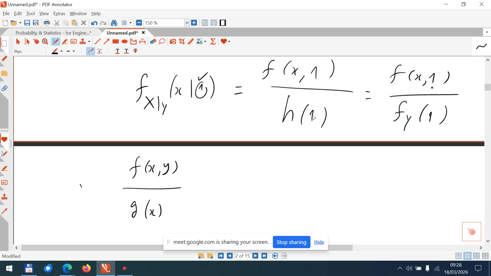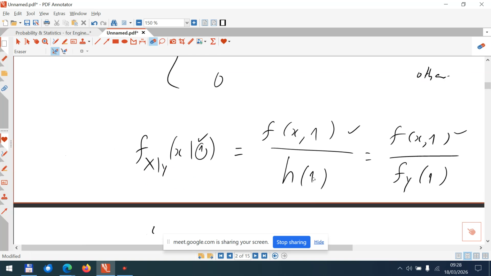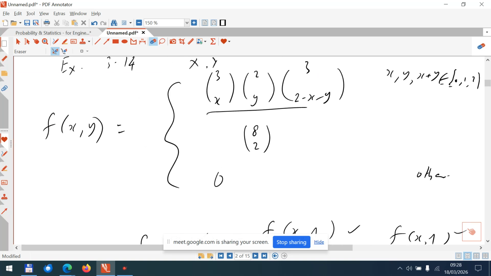So we're not yet done, okay? We only wrote the main formula, so now we need two things. We need this thing, and we need this thing. The numerator is easy. Why? Because we have just written the formula for the joint PMF of this question.